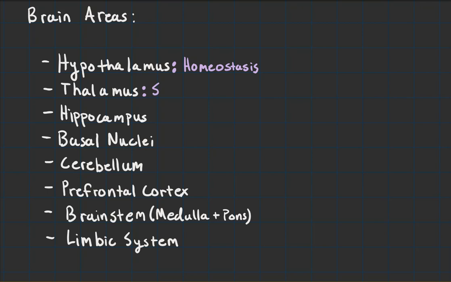Your thalamus is a sensory "conductor." I put quotation marks around conductor. So I put sensory conductor because what the thalamus does is it gets sensory information from your 5 senses, technically 4 because your olfactory does not go through the thalamus.